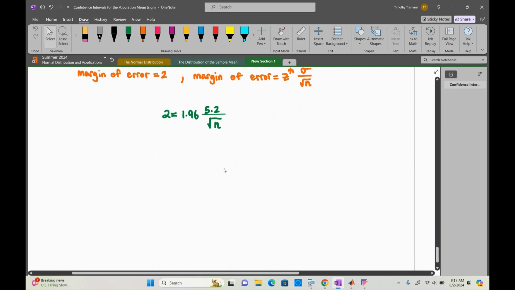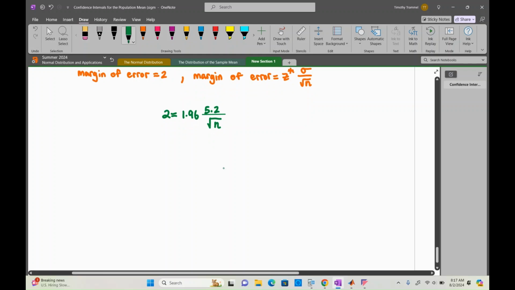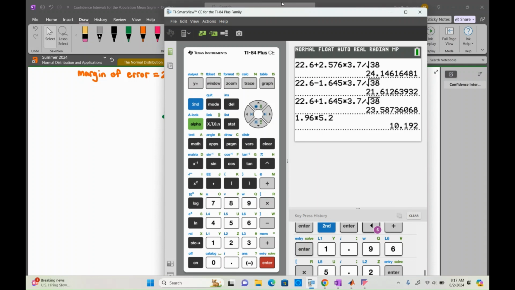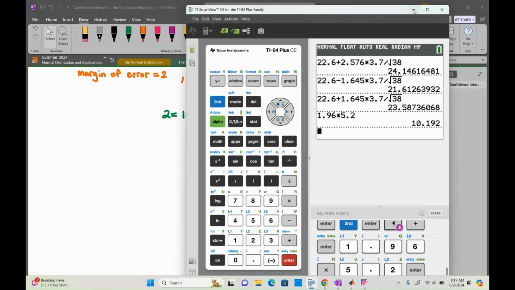The very first thing I would do is multiply this 1.96 and 5.2. Right? So we're getting 10.192.